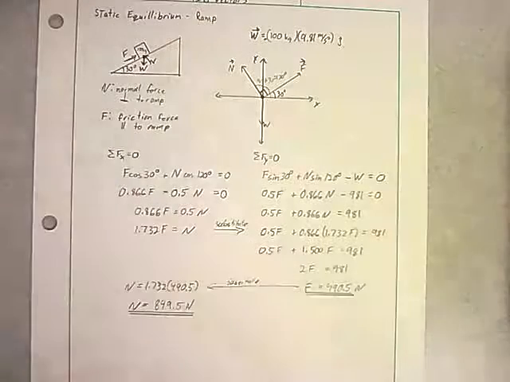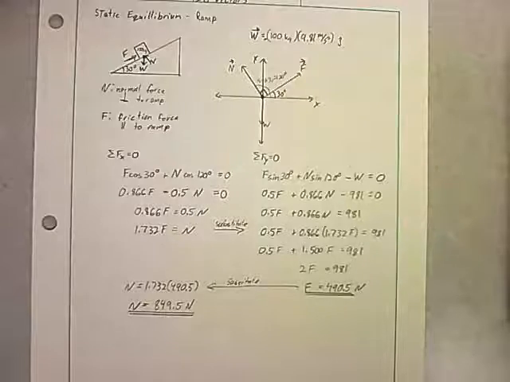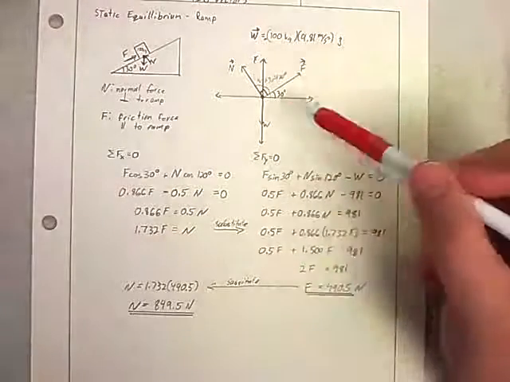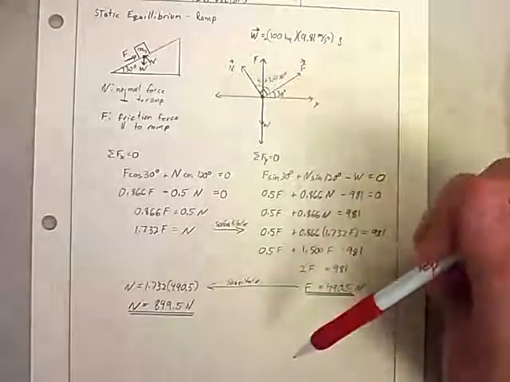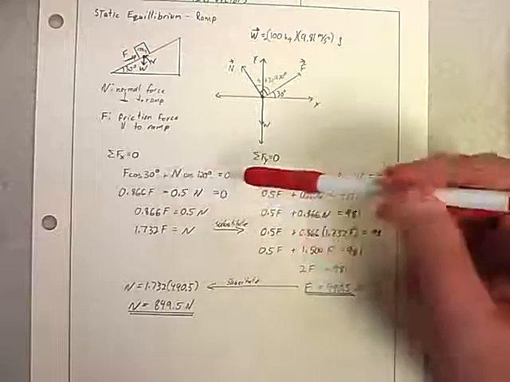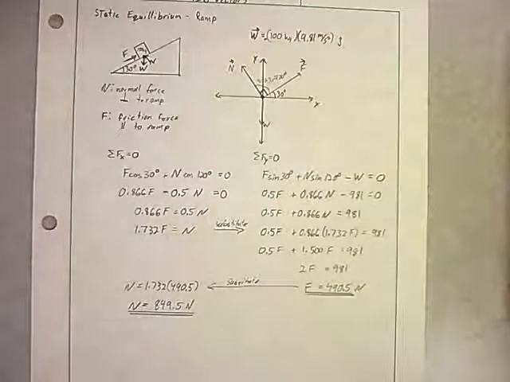Just make sure you've defined it well up top. Just in terms of a check, if we've drawn our arrows right, we should get positive numbers for both of those. And if we really want to check this, we can always plug those back in and make sure everything works in all these equations. But I'll leave that to you to do on your own time.